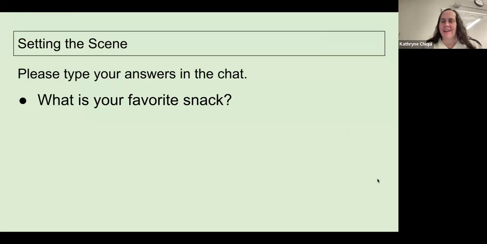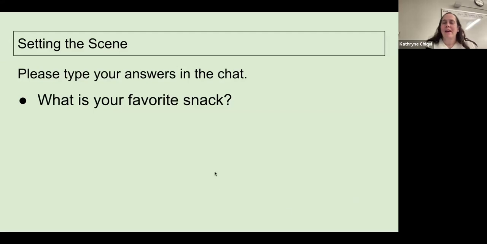Ooh, seaweed sheets, okay. Chocolate. Chips and dip, okay. Goldfish. Authentic tacos. I love that that's like your snack rather than like a full meal. Nuts, popcorn, roasted chestnuts, milk duds, okay.